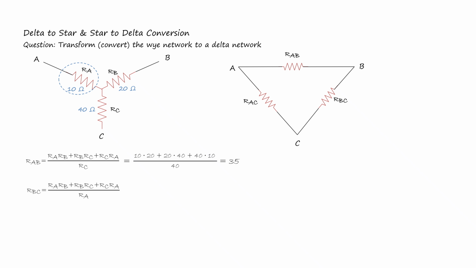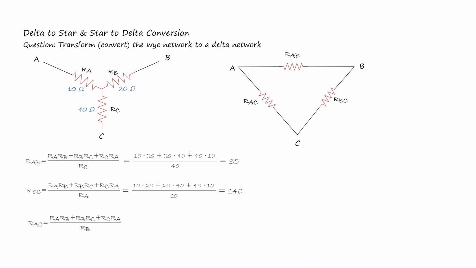So RBC is equal to the summation of all possible pairs of two resistors in the Y network over its opposite. The opposite is 10, which gives us 140 ohms.